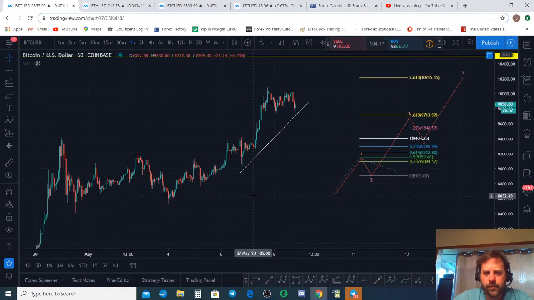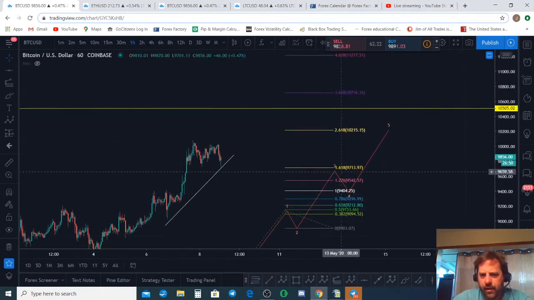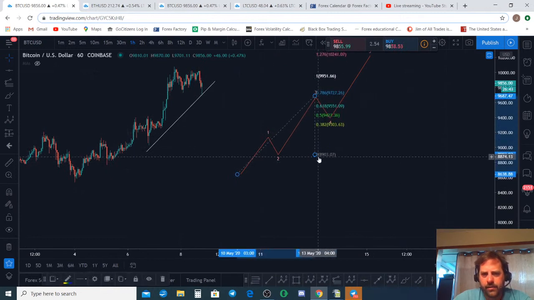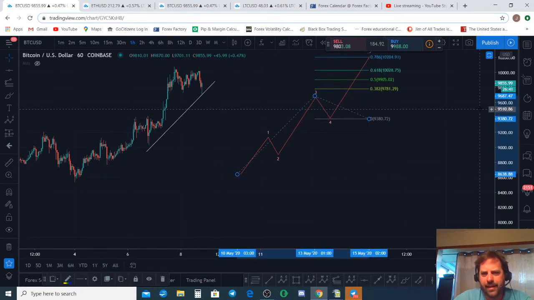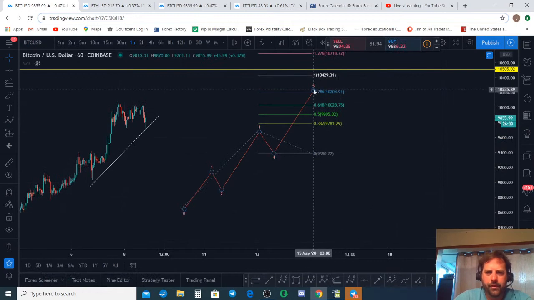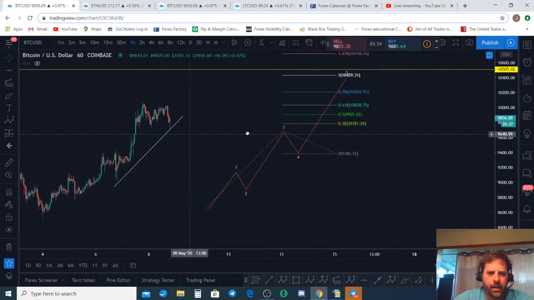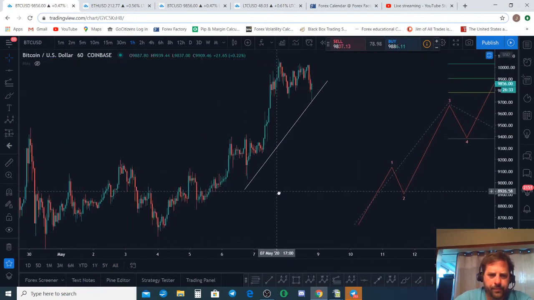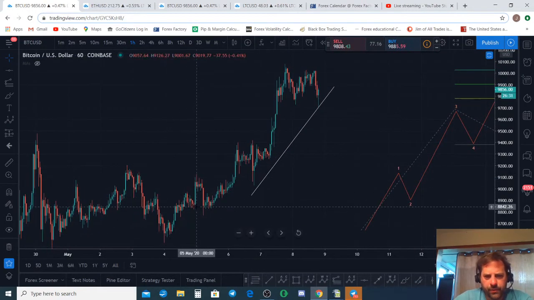So what I was showing you here is it's a one-to-one extension of this, and so if I throw the fibs on the 1 to the 3 to the 4, often an extended fifth wave will come up here to the one-to-one extension. Okay, and so what I'm thinking here is this is 1, 2, and this is 1, 2, 3, 4, and this is an extended fifth.